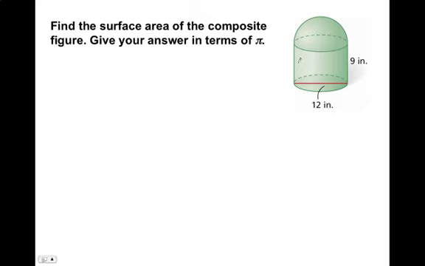We can also apply our formulas to find the surface area of this composite figure. So you need to look at what this is made up of. Well, if you notice, we have a hemisphere, which is half of a sphere, plus a cylinder. And it says to give our answer in terms of pi. So first we need to find half of a sphere.